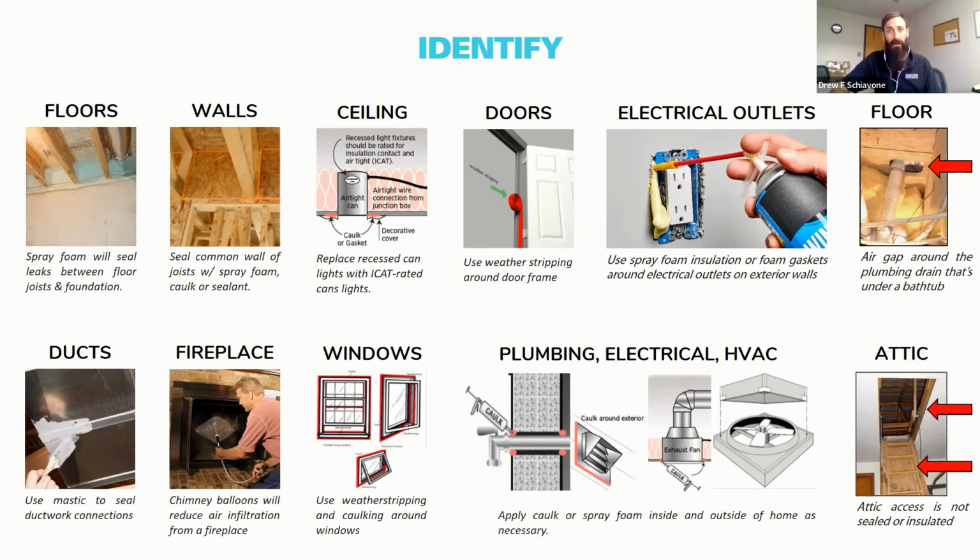Don't get it into the electrical box itself, into the enclosure, but around the perimeter of it. There's some options there. On the top right, I've just shown a plumbing pipe coming through the floor, and so you'll see that drainage pipe coming from the bottom of the bathtub, and there's a hole cut into the wood floor, and so that would be something that would need to be sealed.